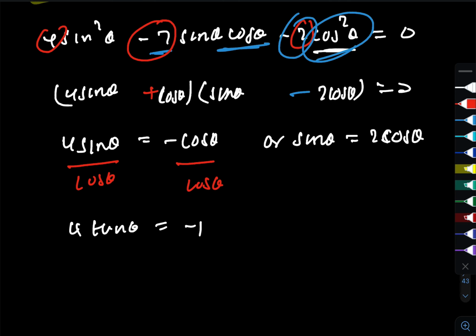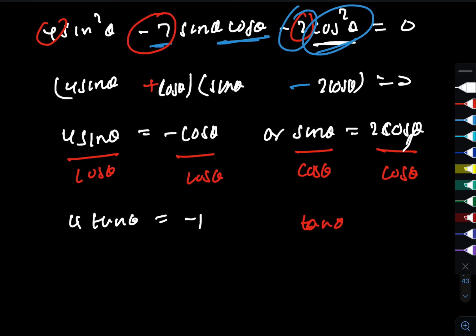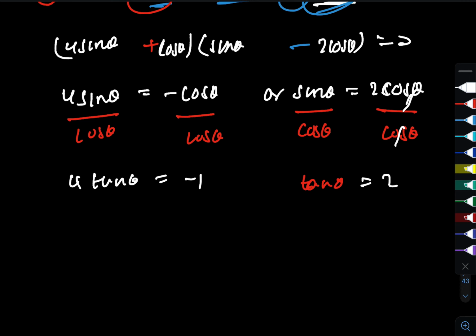And then again we'll do the same thing here. This is going to be tangent theta equals that, and that will cancel. We simply have a 1, and we'll times that by 2. So here we just simply have to divide by 4, and then tangent theta equals negative 1 over 4.